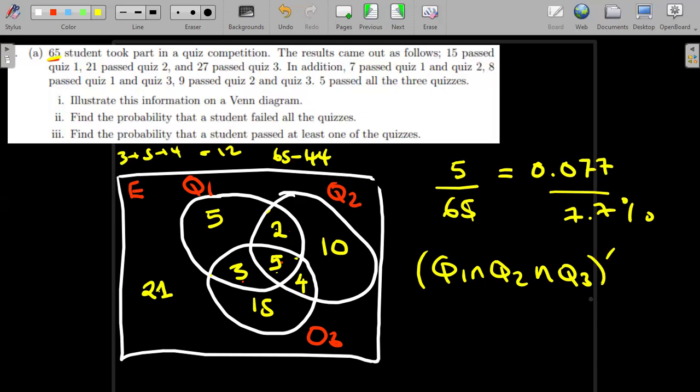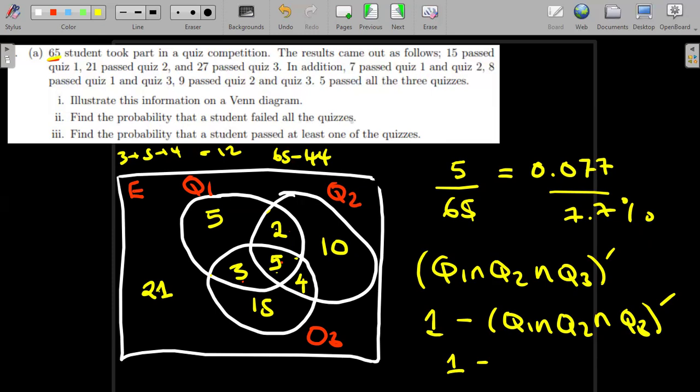And probability out of a total is going to be 1 minus this complement here. So we have 1 minus that complement there, like this.